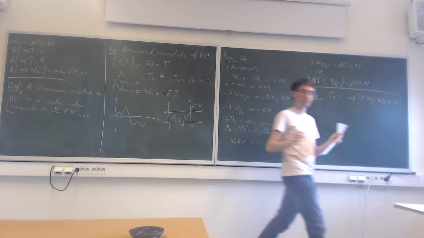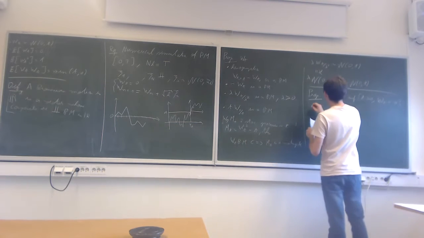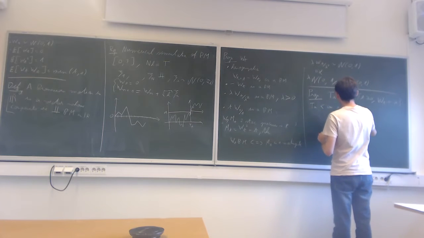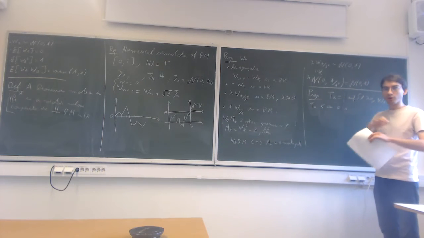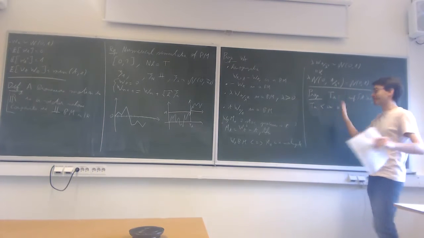This is the stopping time. So T_A, the proposition says that T_A is finite, almost surely. This is called the recurrence of the Brownian motion. Whatever value you take, the Brownian motion will hit everything.